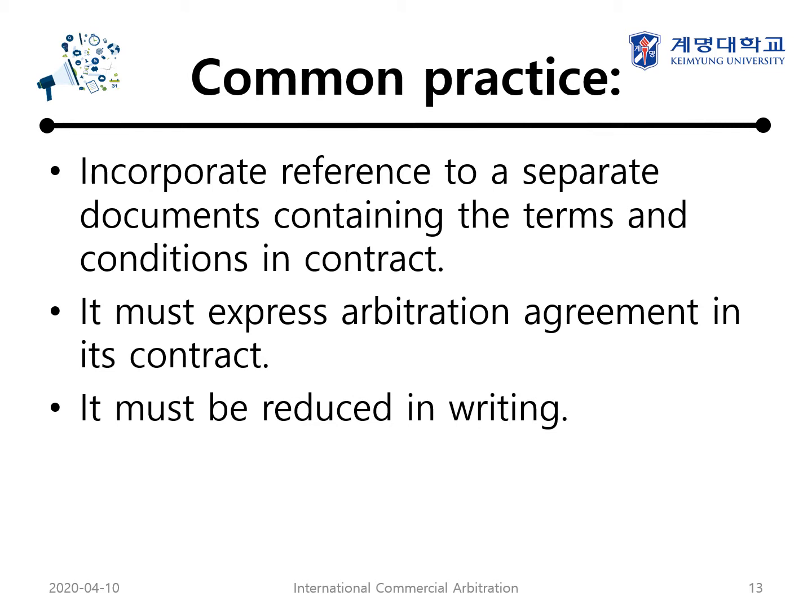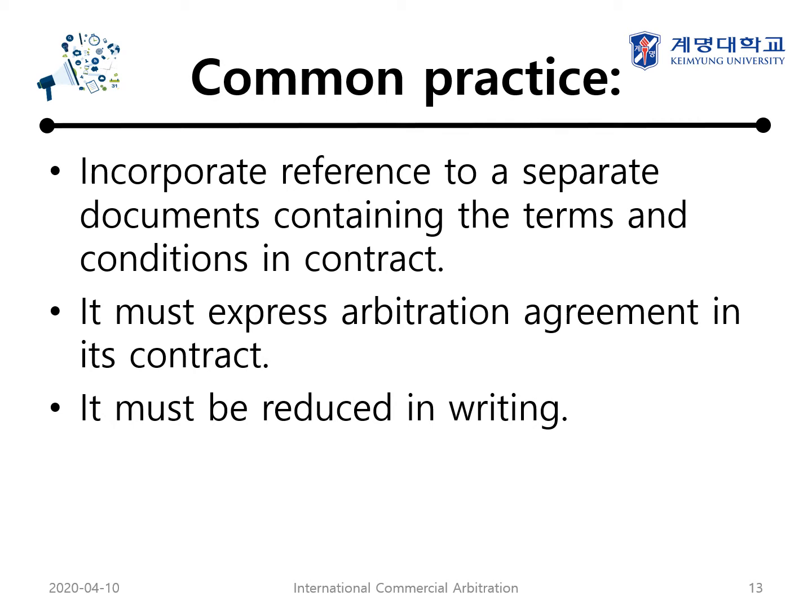So it also must express the arbitration agreement in the contract. The arbitration agreement is designed to complement the contract of goods and sale, not to negate, not to oppose, not to change the consent of the contract. Again, it is only intended to resolve disputes.